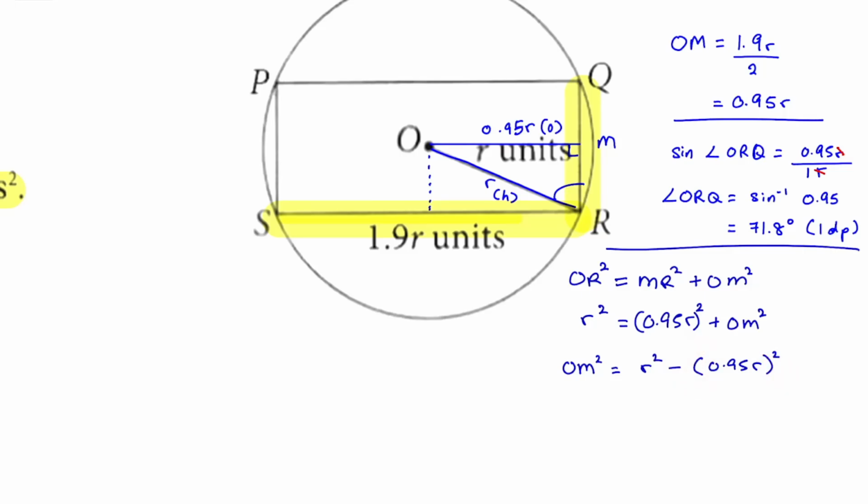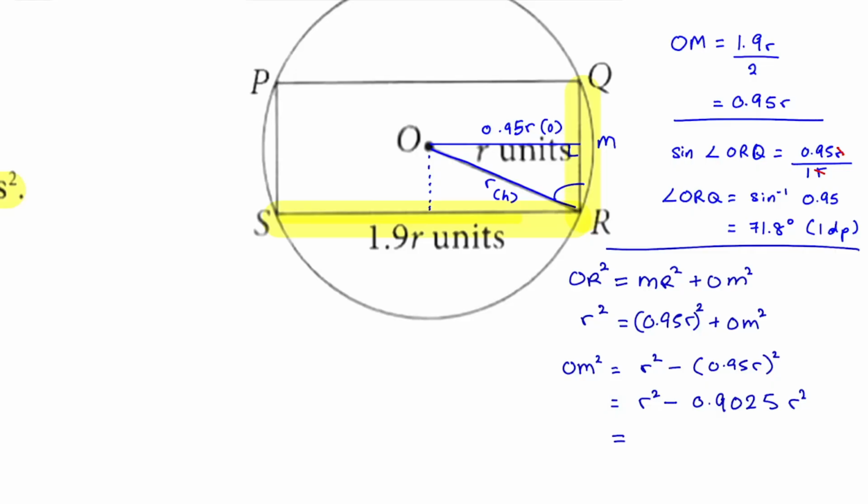Next step is to find out. So I'm going to just write r square minus 0.95 square, which equals 0.9025r square.